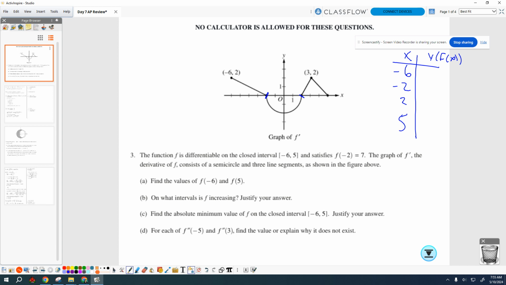And then I put in all the values of f of x for this, because we did just find f of negative 6, which was 3, sorry. And at 5 we got 10 minus 2 pi.